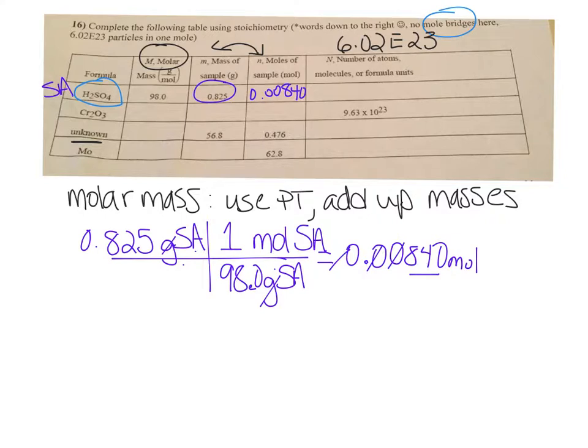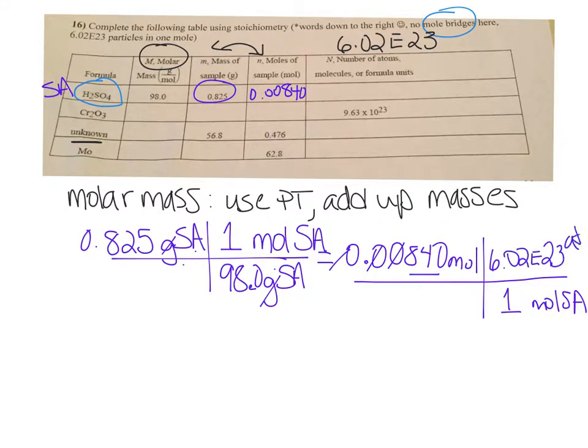For number of atoms, we're going to take that moles and bring words down and to the right, so we have moles of sulfuric acid. And we know that 1 mole of sulfuric acid is equal to, when we're looking for atoms or molecules or whatever, 6.02 times 10 to the 23rd atoms, or whatever we want to say, okay?